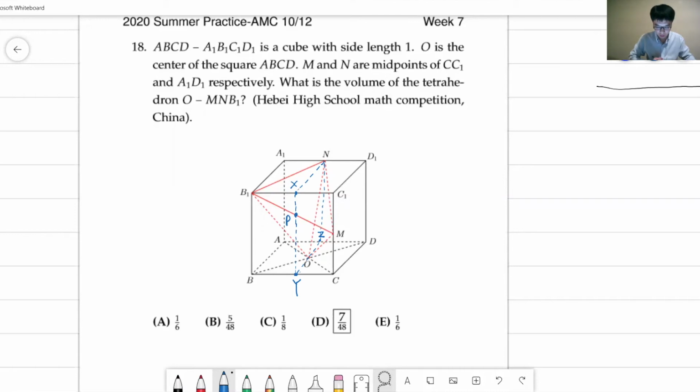So this divides this tetrahedron into two smaller tetrahedrons.